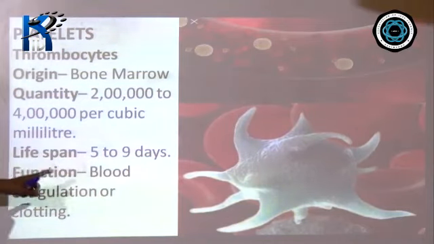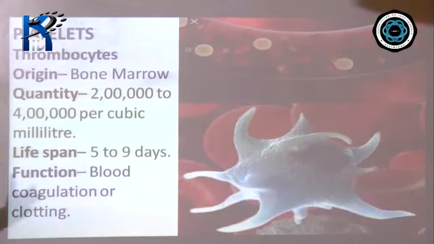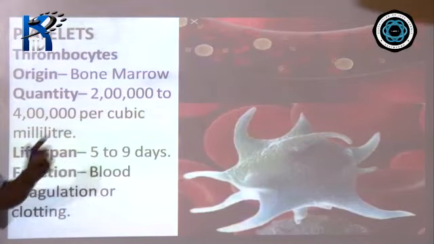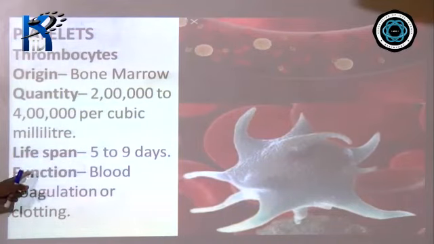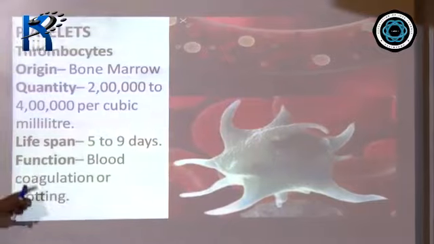What is the lifespan? 5 to 9 days. After platelets are formed, after they originate from the bone marrow, they can live up to 5 to 9 days. What is the function? Function is blood coagulation, or clotting.